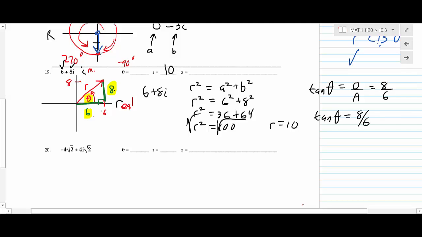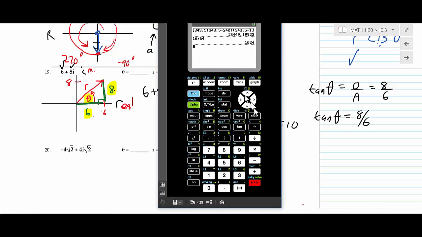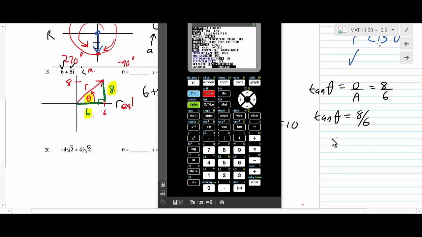All right, now 8 over 6 isn't any magic number on your unit circle. So what do you have to do? You have to get your calculator out. Now, I'm going to keep doing these problems in degrees, so I'm going to make sure my calculator is in degree mode. Then theta is the inverse tangent of 8 over 6.